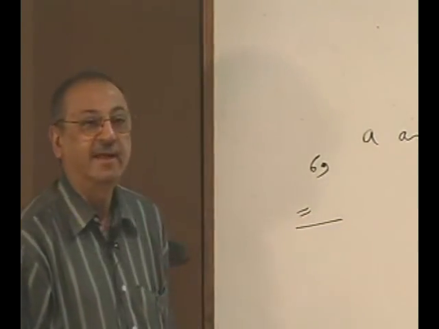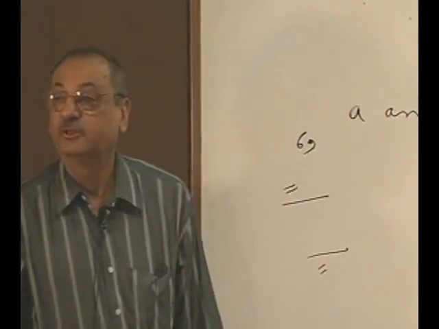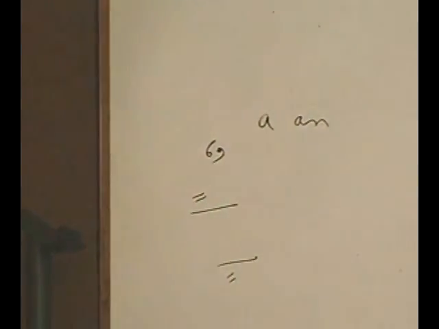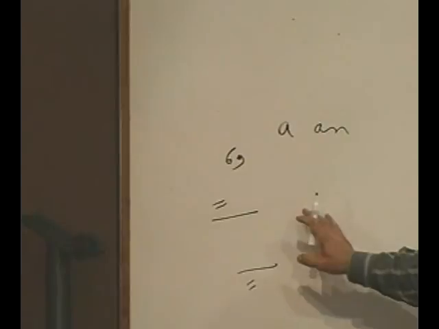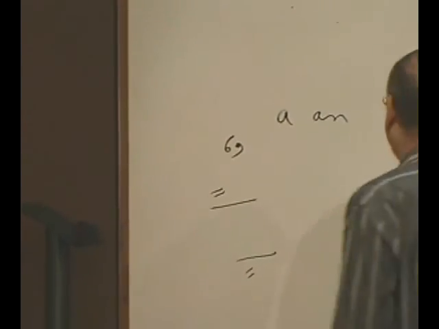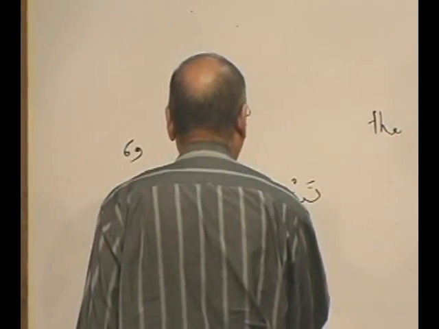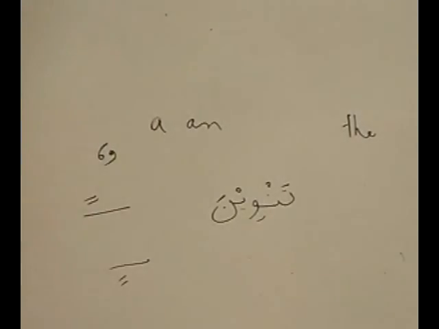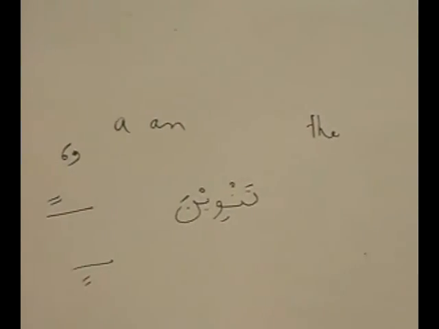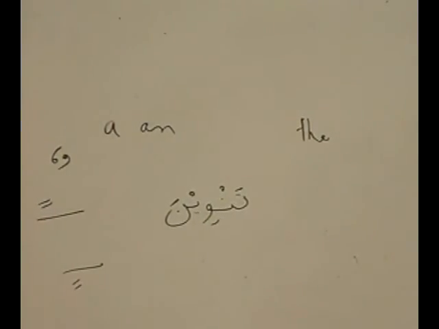If the noun ends with a kasra, we put two kasras. This is called tanween. Tanween tells us that the noun is indefinite.